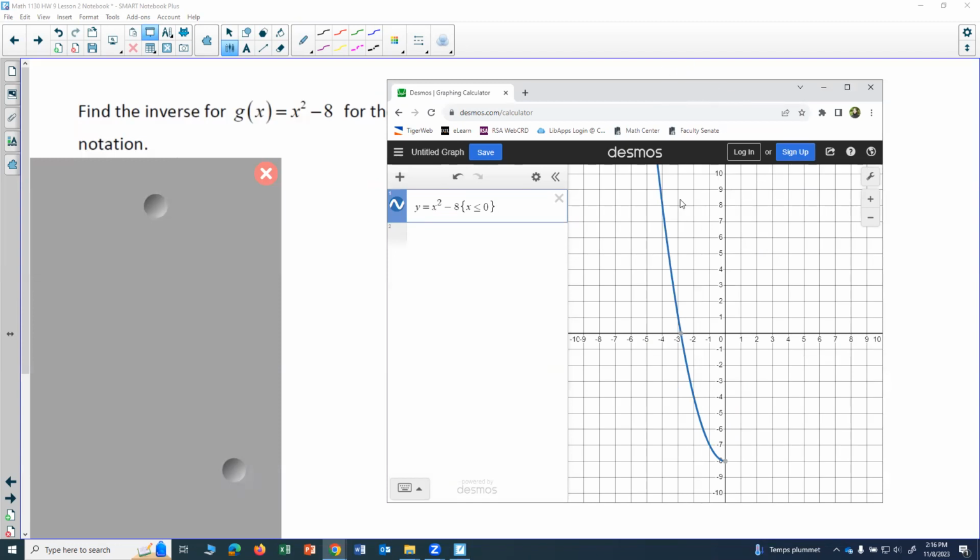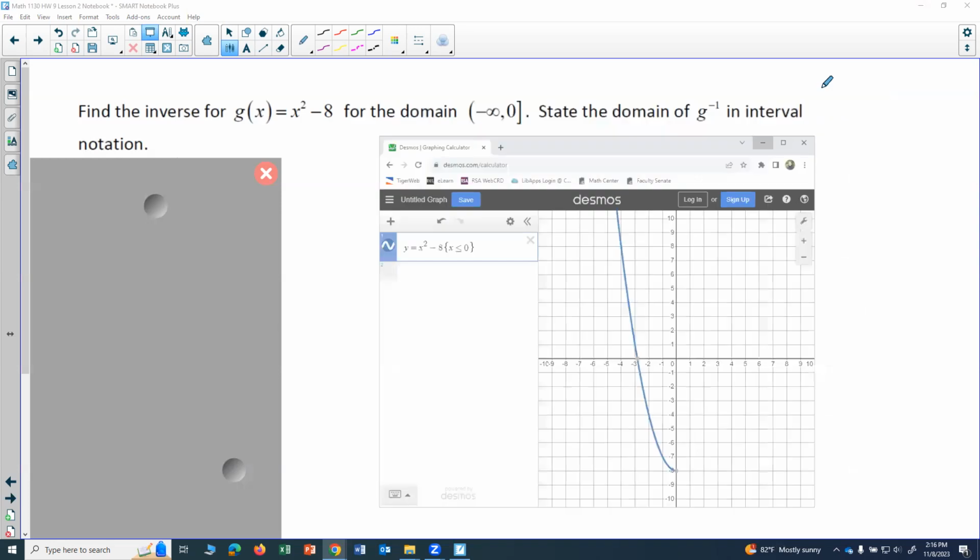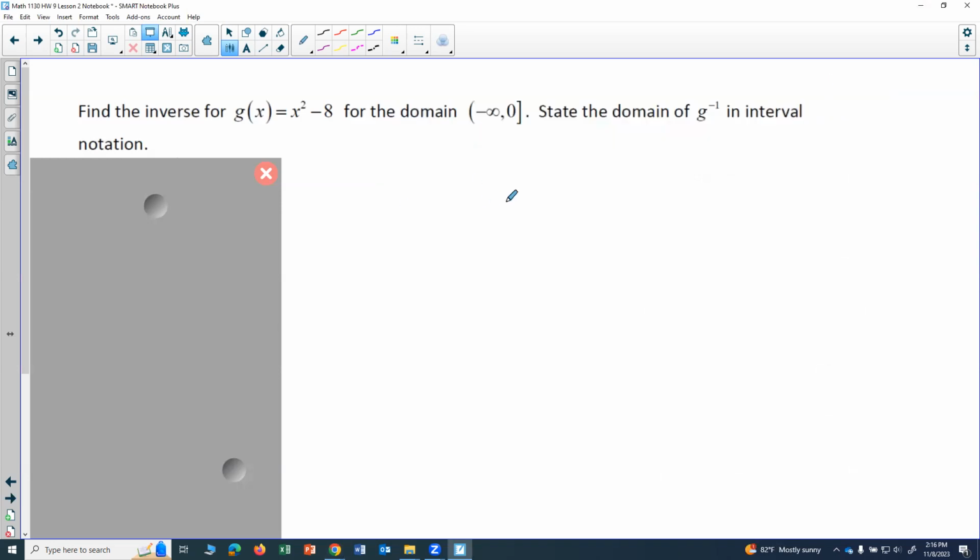Okay, so I'm only taking half the parabola, the left half of the parabola. All right. So I want to go ahead and follow the steps from the last slide.